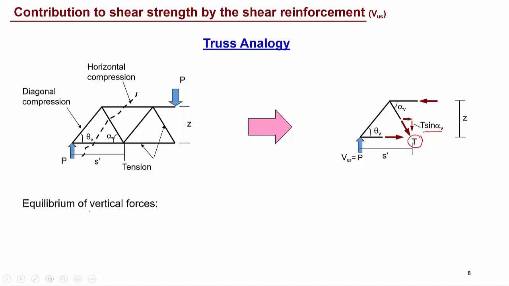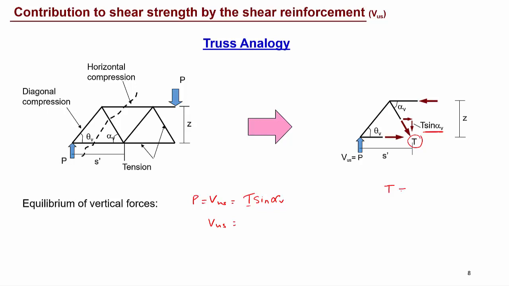Now for the equilibrium of the forces, the vertical force, that is P equal to VUS, should be equal to the vertical component of the tension force, which is T sine alpha V. Therefore, VUS equals T sine alpha V, where T is the tension force carried by the shear reinforcement.